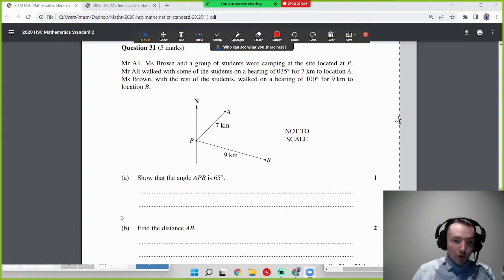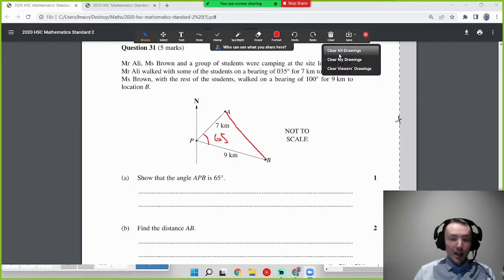Alright, so next question. Find the distance AB. So we have to draw a line here, AB would be this line. In this scenario, what we have to do is understand what formulas we have at our disposal.